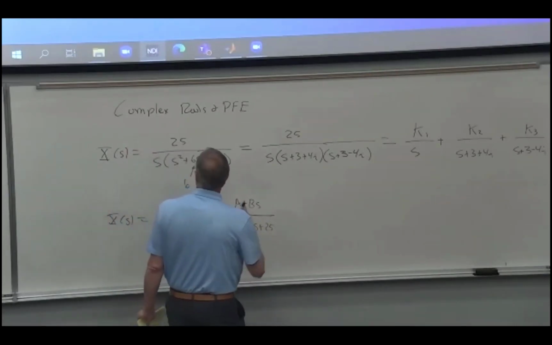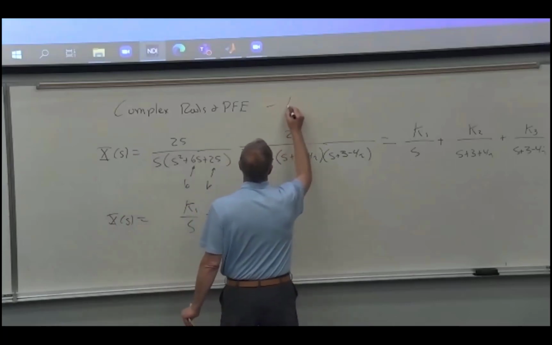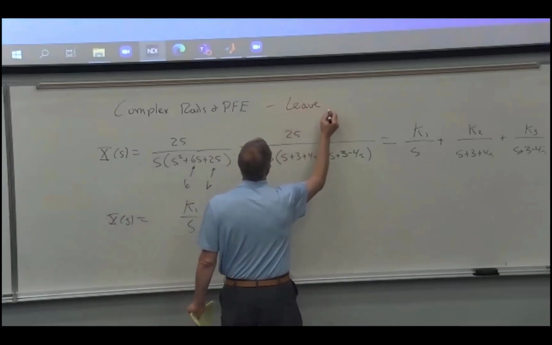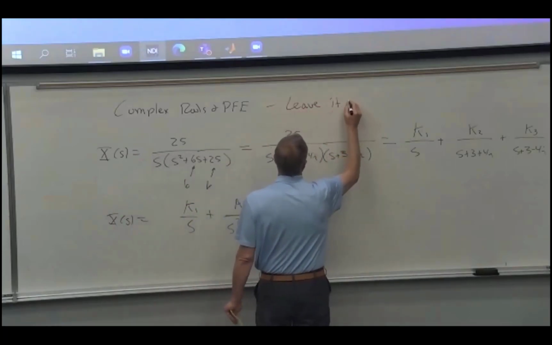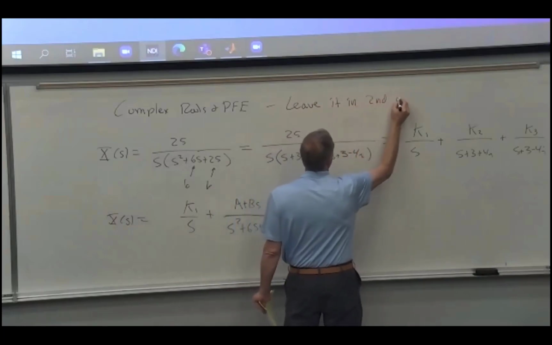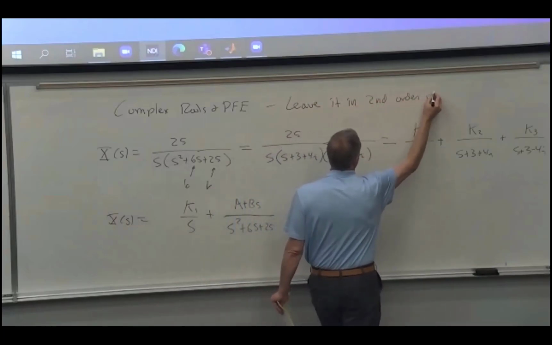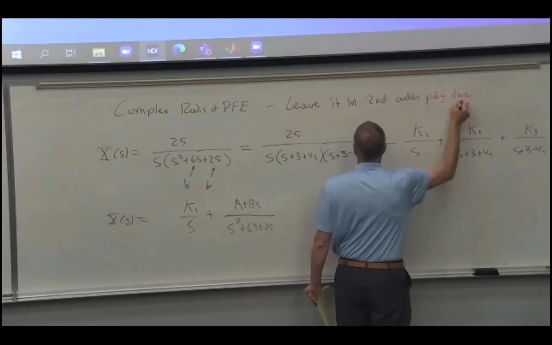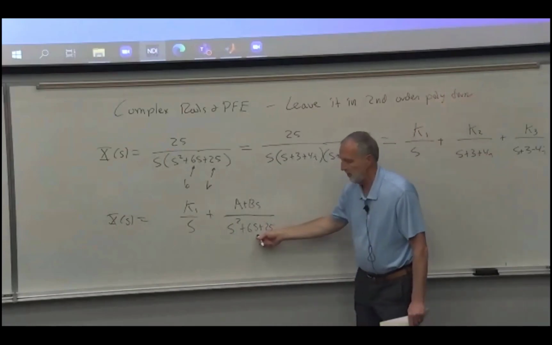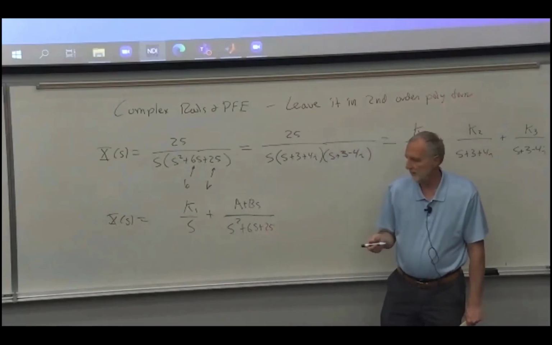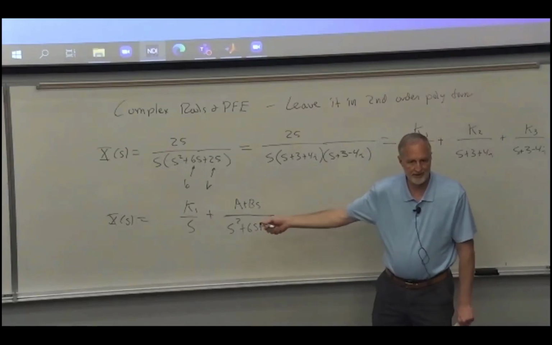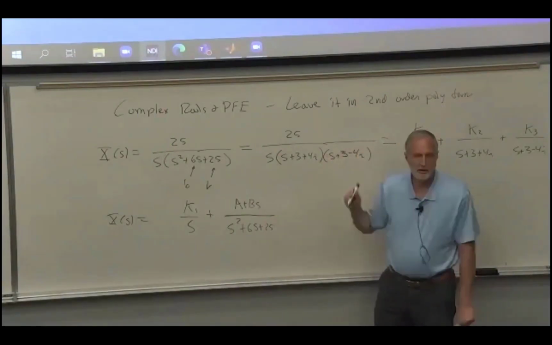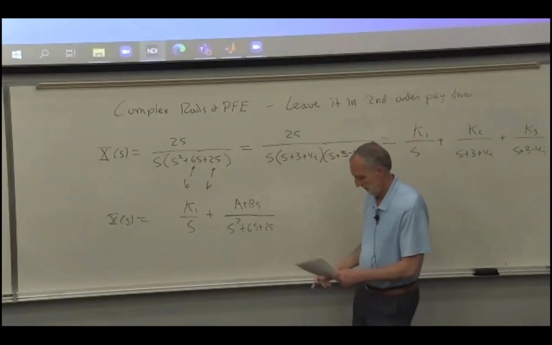So if you get complex roots, the rule is leave it in the second order polynomial form. And you can look this up in the Laplace transform tables because people use this all the time. So this is in the tables, just like the e to the at stuff.